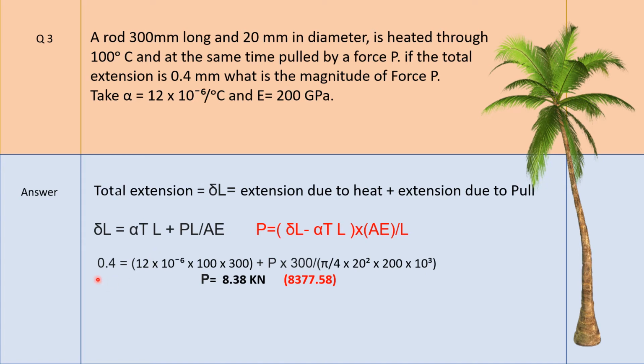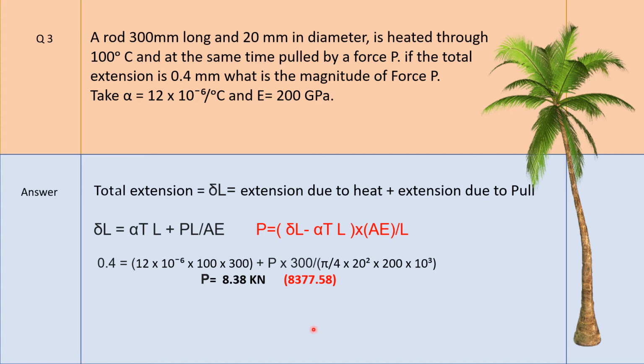This is the formula which you can rewrite for P. Now how to do this calculation? Take the calculators in your hand and we start from delta L, that is 0.4, and then minus bracket open 12 exponential minus 6 into 100 into 300 bracket close is equal to, then into bracket open shift pi divided by 4 into 20 x square into 200 exponential 3 bracket close divided by 300 is equal to.